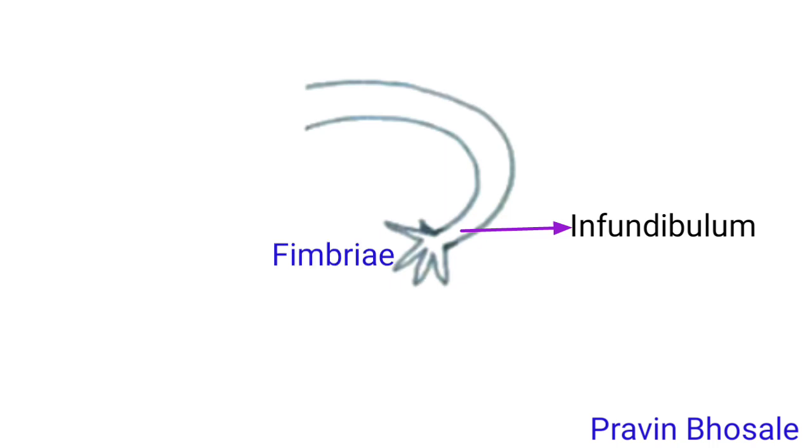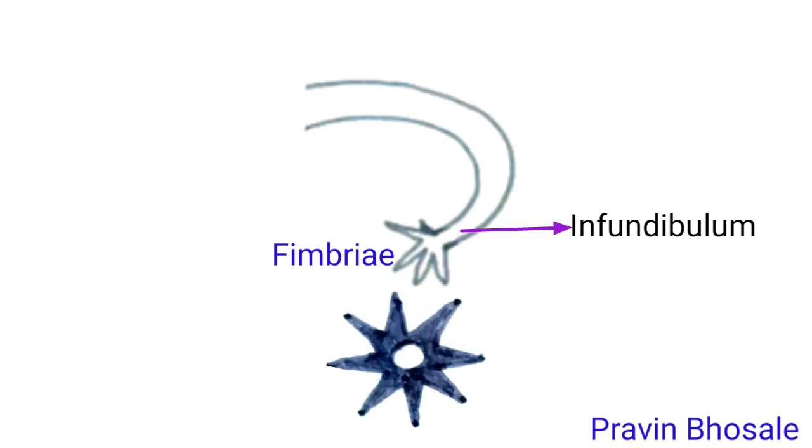mesosalpinx. The free proximal end is dilated into a funnel-like infundibulum which bears a number of finger-like processes called fimbriae at its free border. It shows the presence of an opening called the ostium.